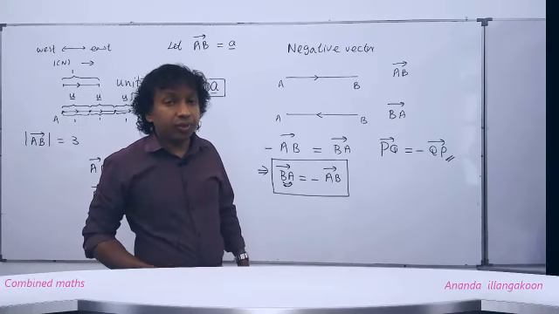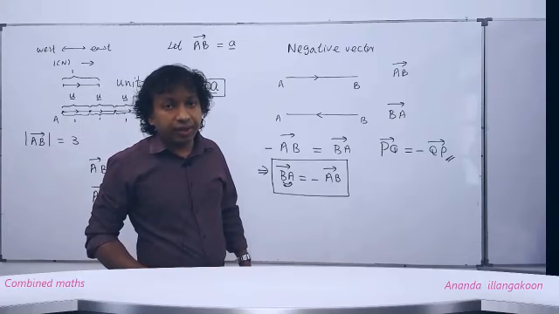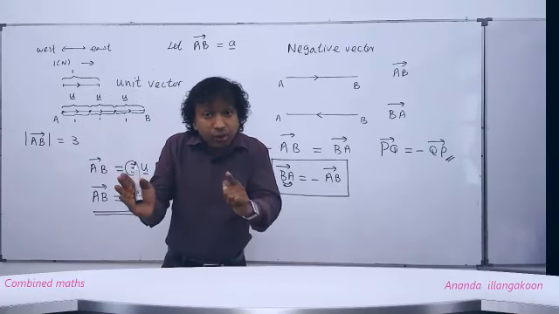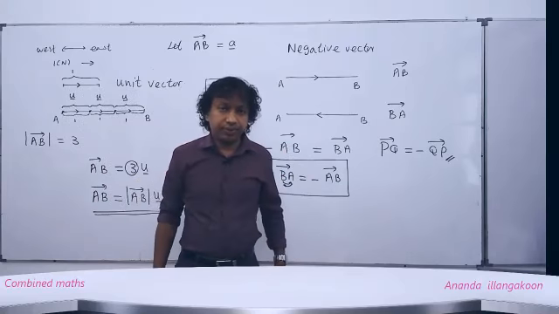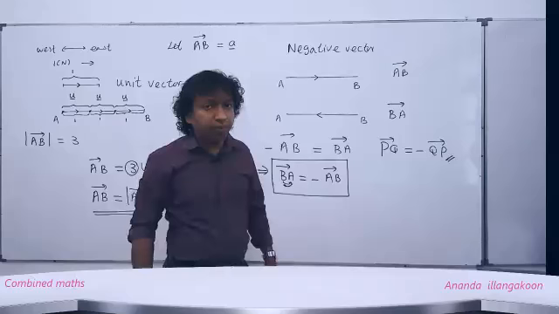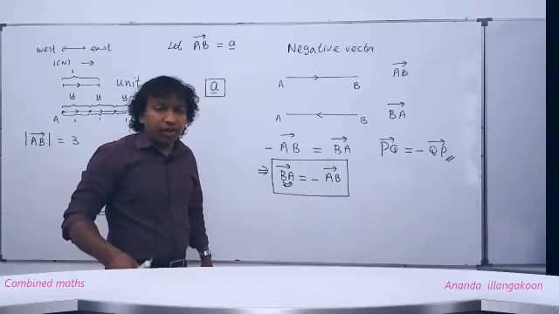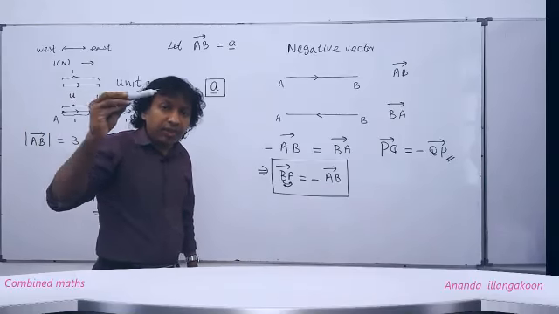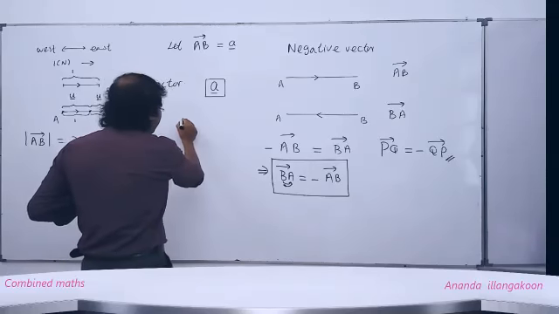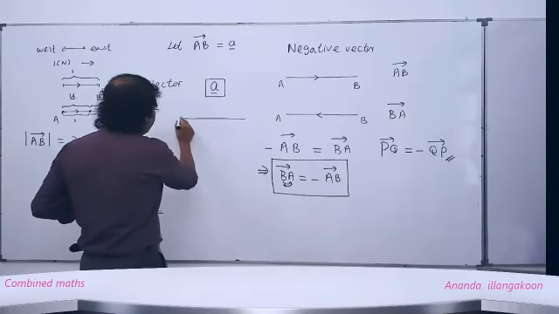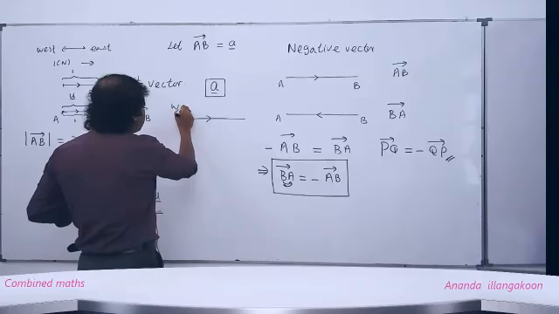So therefore, remember, any vector we can write as the product of its modulus multiplied by the unit vector along that direction. And can somebody answer, when we are given a particular direction, suppose the direction west to east, right? West to east direction is this.